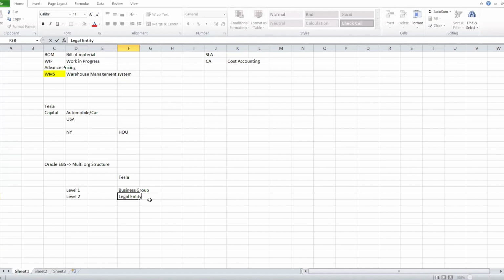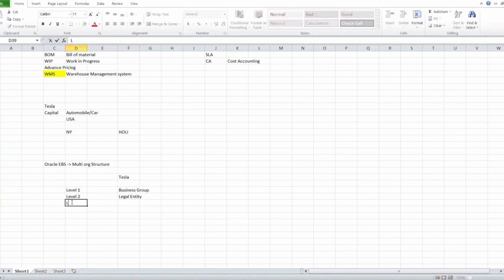Same thing as your business, so that your country can apply tax on that legal entity, on your business. So the business needs to pay tax. That is the legal entity. Okay, up to that we are good.